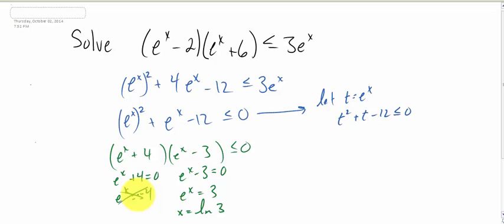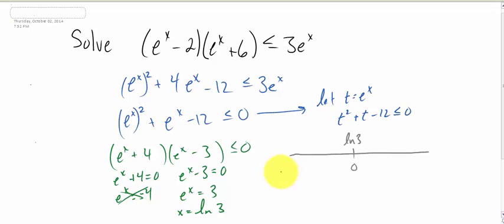Okay, so now how do we know what to do with this? Well, let's make ourselves a handy-dandy sign diagram with natural log of 3 on our number line. So at natural log of 3, this right here equals 0.